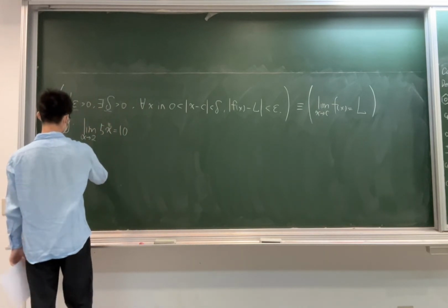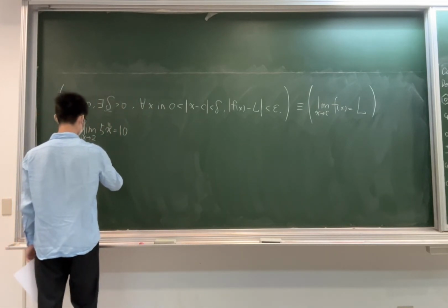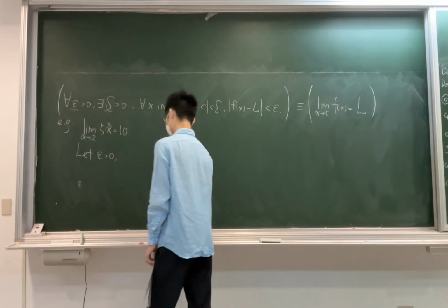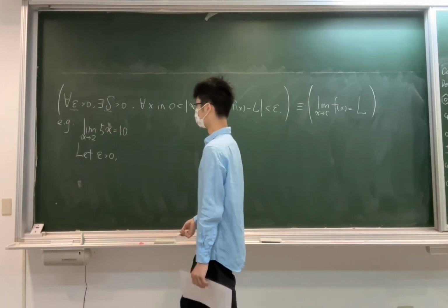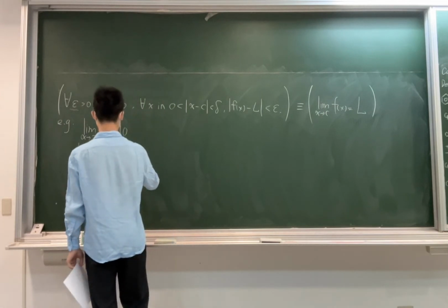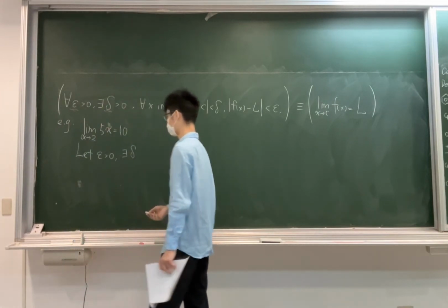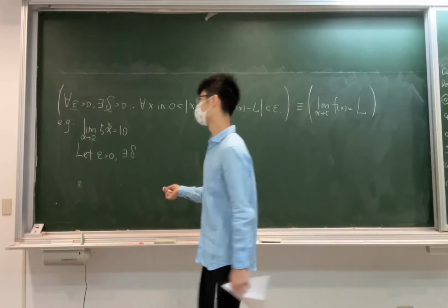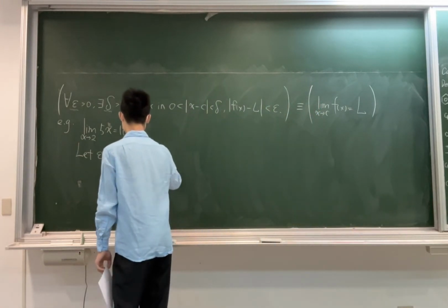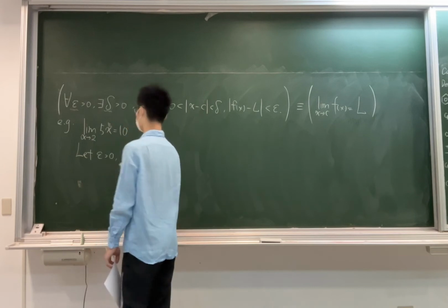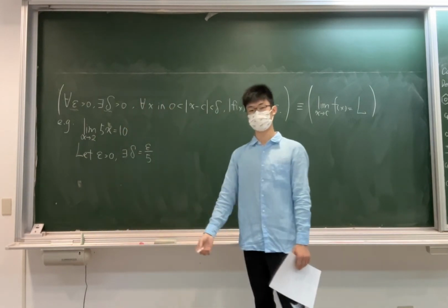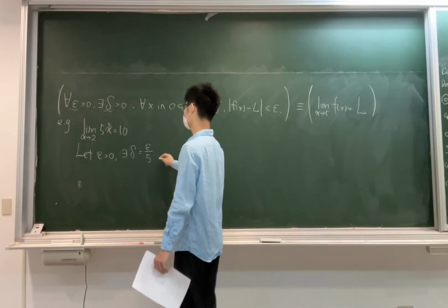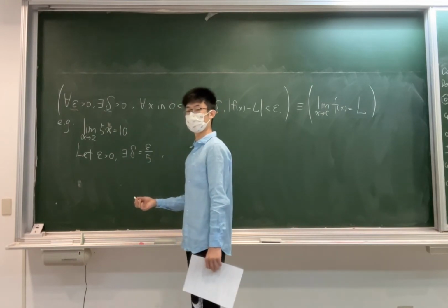So we say, let epsilon be greater than 0. Then there is a delta. How can we find delta? I will say the answer first. The answer here will be epsilon over 5. This will be shown later as well. Then we take delta equal to epsilon over 5.